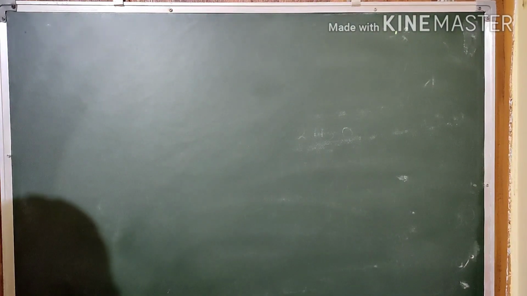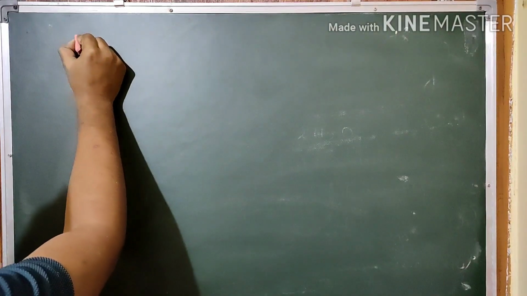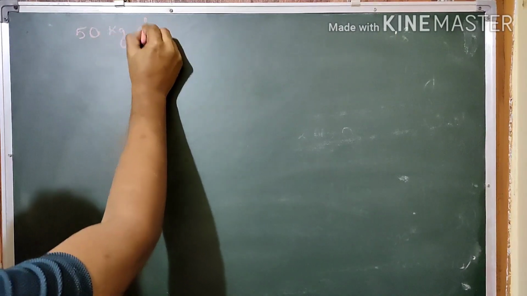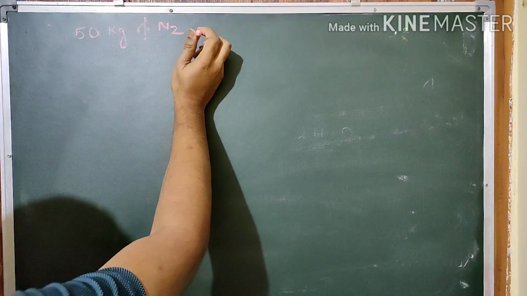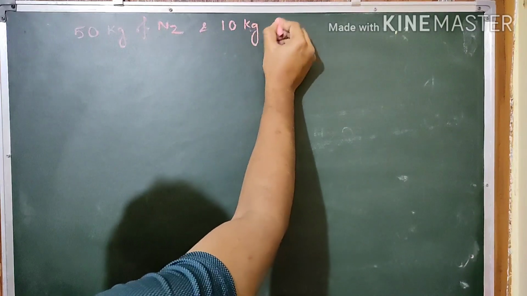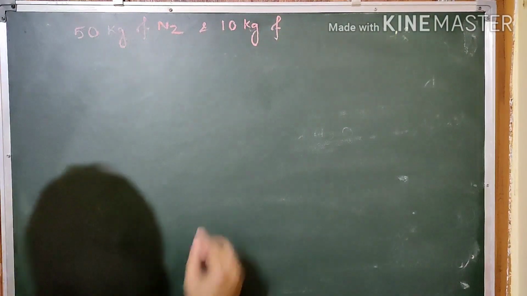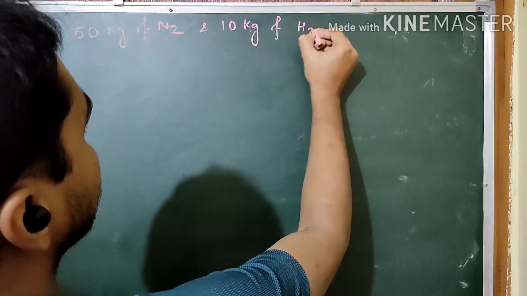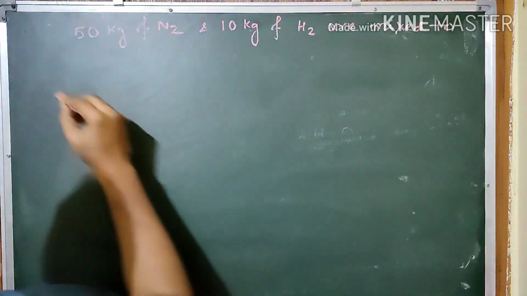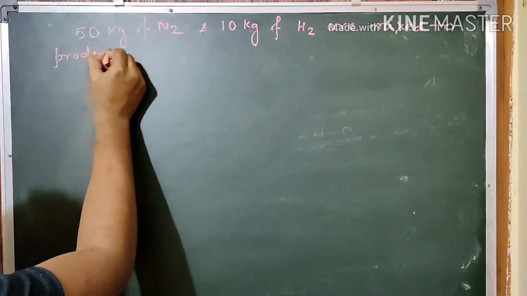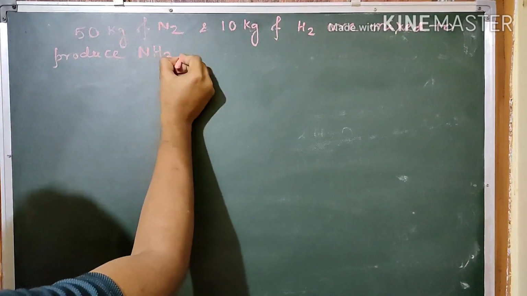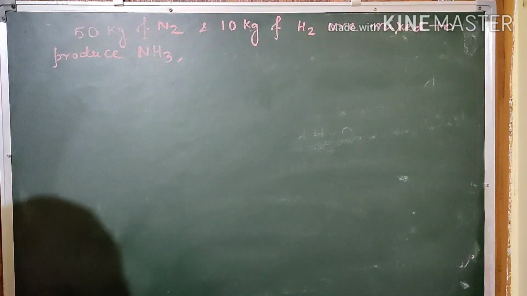Here the question goes like this. 50 kg of nitrogen and 10 kg of hydrogen are mixed to produce ammonia gas. Calculate the ammonia formed.